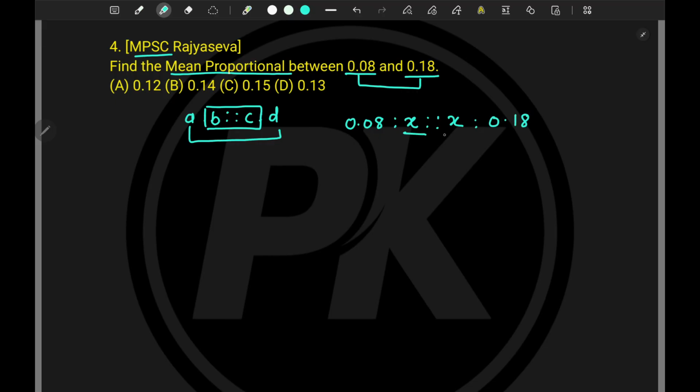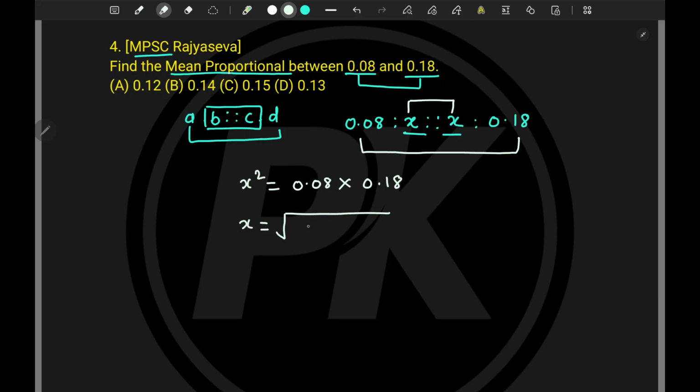Hence, we go back to our rule that the product of extremes is equal to the product of means, and hence x square is equal to 0.08 into 0.18, and hence x is equal to the square root of 0.08 into 0.18. Now tell me what is the answer.